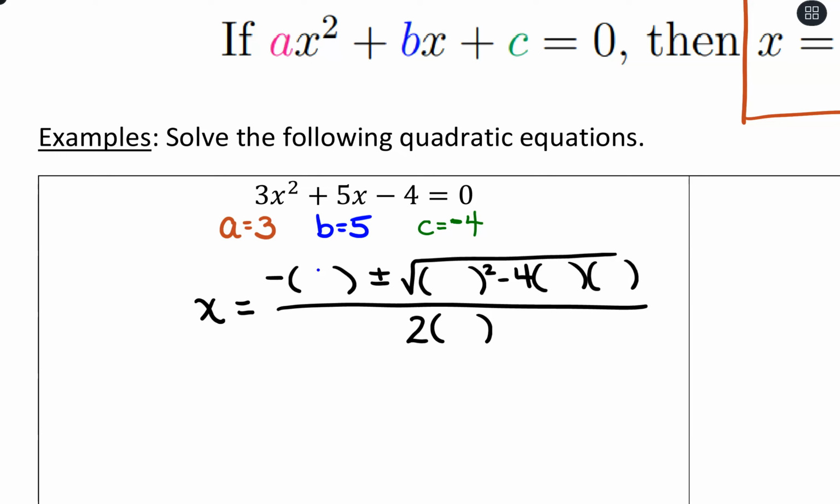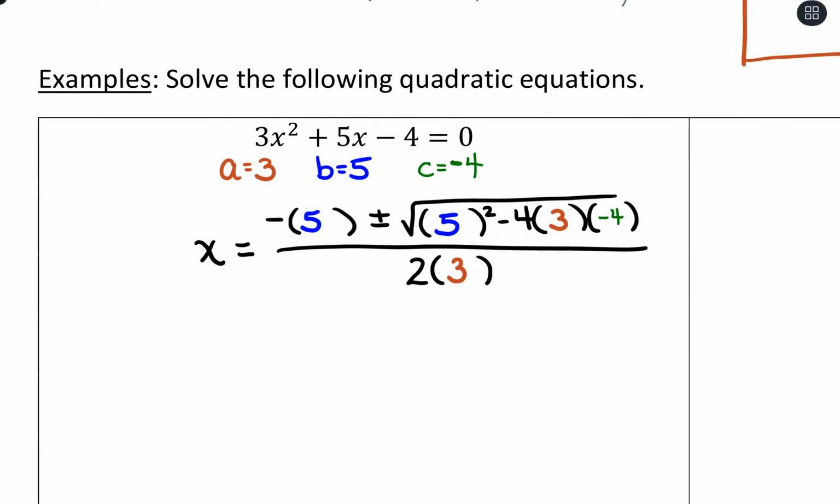So I'm going to have negative b, which is 5, plus or minus b squared, so 5 squared, minus 4ac, all over 2a. So we get everything plugged in, parentheses, parentheses, parentheses, especially with negative numbers. That'll just guarantee that it simplifies correctly.